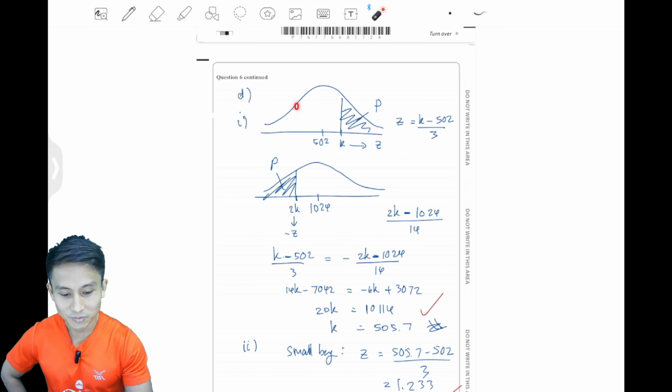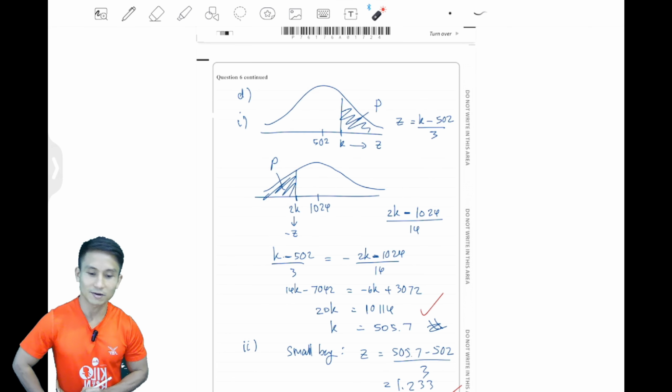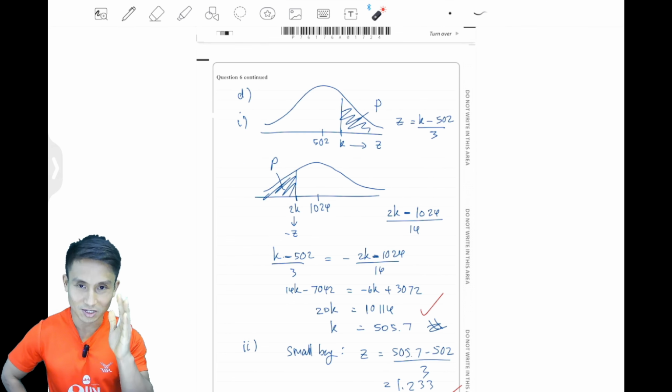If K was here, then you would have an area here being P. But if K was less than 502, it's going to be even further to the left, and that's even further area here, which doesn't match this one. So make sure you understand that logic, because it's the very key to this kind of question.